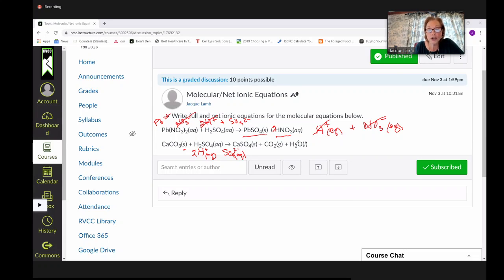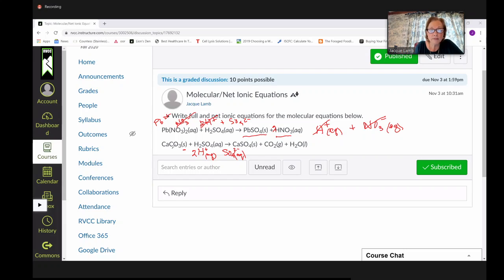Now, as I said, you're going to want to balance that first, but I want to point out to you that you have nothing aqueous on this side, do you? No. There's nothing aqueous on this side, which means that your hydrogen ion has changed form. It's gone from H+ to water. Sulfate has gone from aqueous to a solid calcium sulfate.